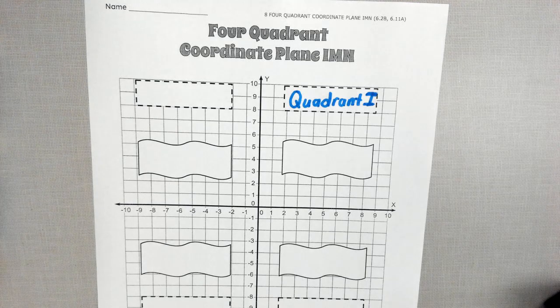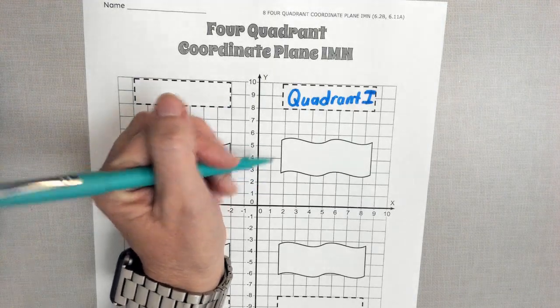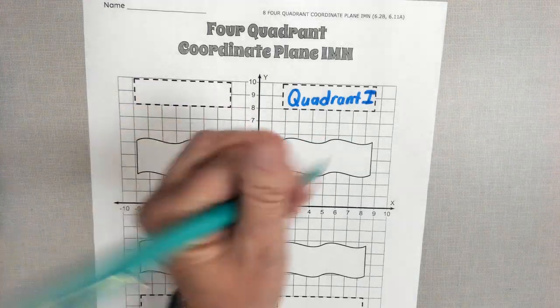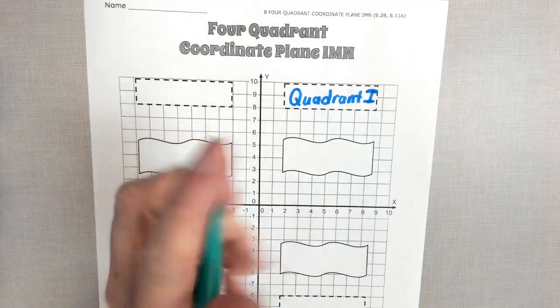And the reason why we talk about quadrant 1 in 5th grade is because when we think about all of the numbers involved in quadrant 1, we're talking about a positive x and a positive y.